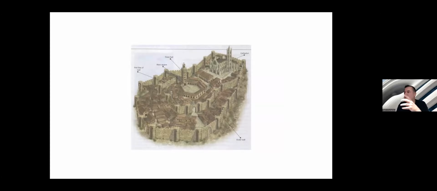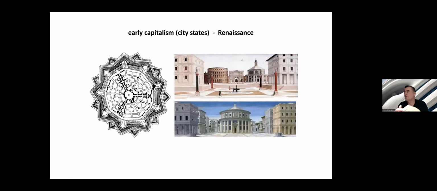And they had these concentric formations, and there are certain organs, the marketplace, the town hall, and the religious space. And only in the Renaissance this became a conscious effort.